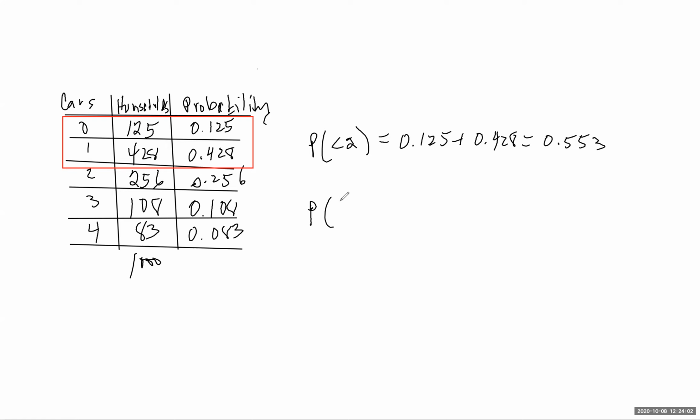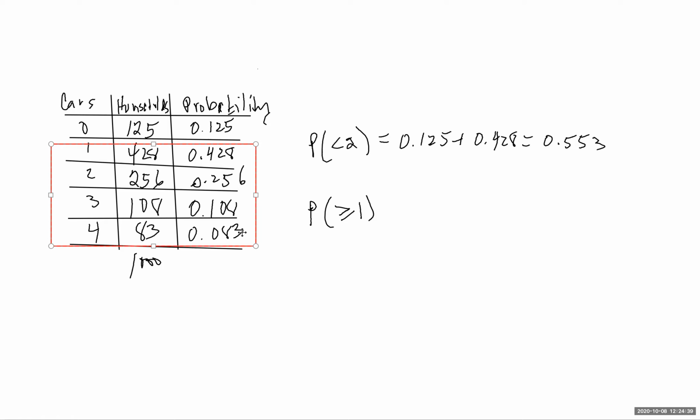Second part of this problem, the probability of randomly selecting a household that has at least 1 car. At least 1 means greater than or equal to 1. Because when we're talking about at least 1, we are talking about these groups down here. So let me get rid of this box and highlight the at least 1 right there.